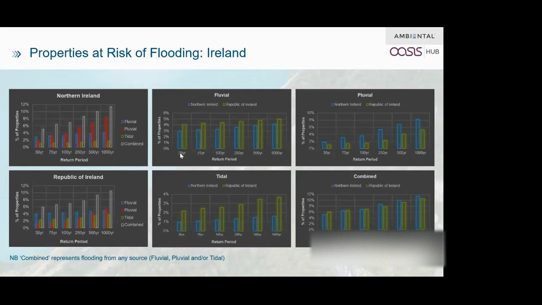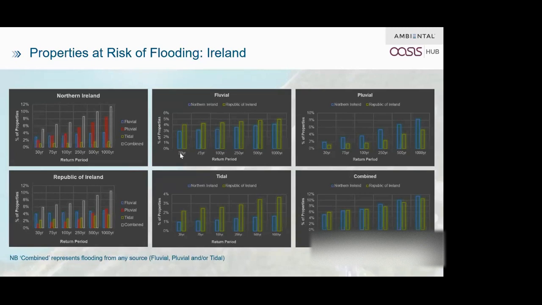So in terms of the proportion of total properties affected, the combined chart, which you can see on the right-hand side, shows us that both Northern Ireland and Republic of Ireland experience similar levels of risk. However, by looking at the other graphs, the data shows us that this risk is driven by different flood sources. In the Republic of Ireland, fluvial and tidal flooding affect the greatest number of properties, whereas in Northern Ireland, pluvial is the dominant source of flooding.